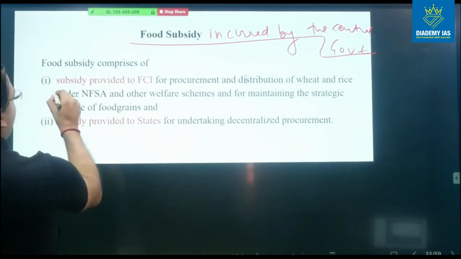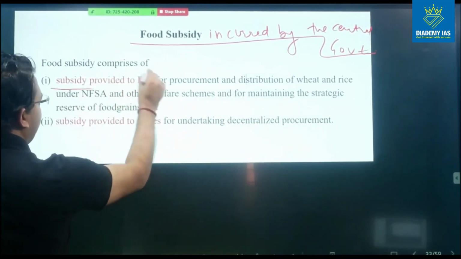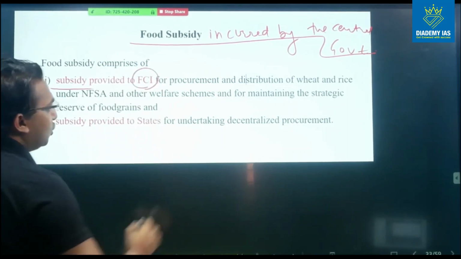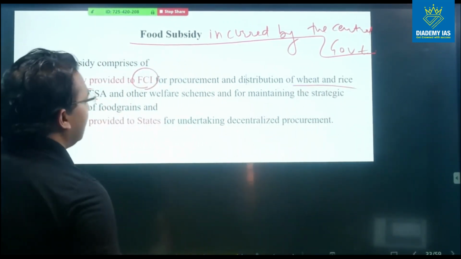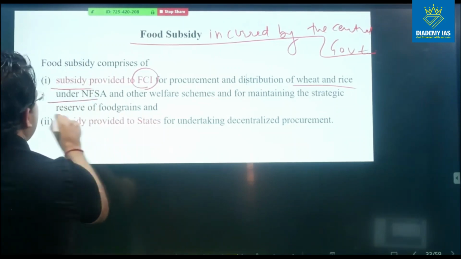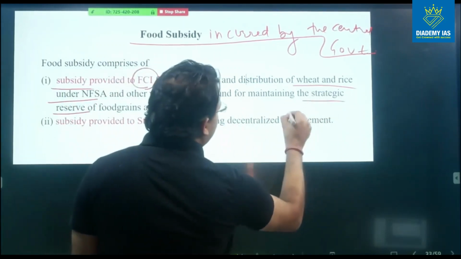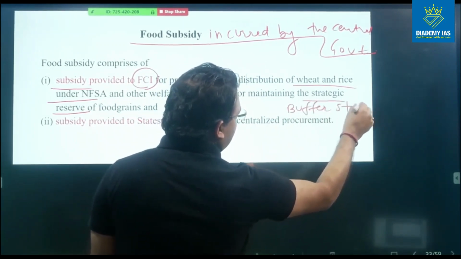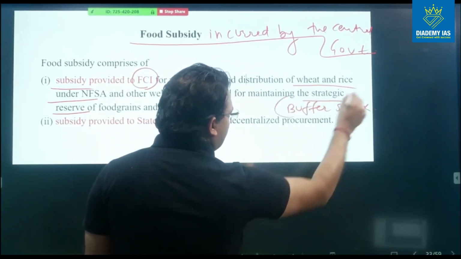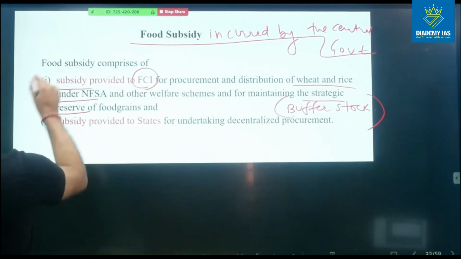So it has two components. One is the subsidy which is provided to the FCI for procurement and distribution of wheat and rice under NFSA and other welfare schemes, and for maintaining the strategic reserve, right? That is the buffer stock.